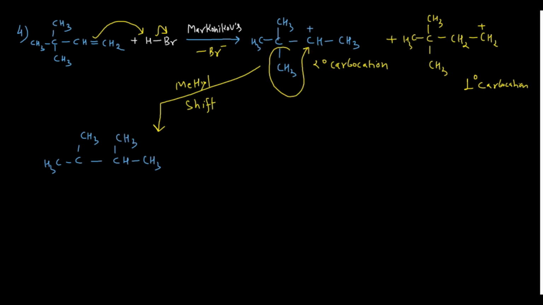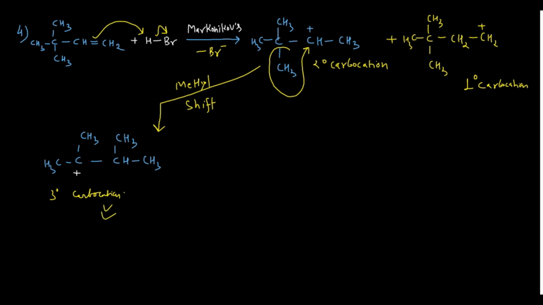That's why I write like that. Now this is electron deficient, so this is your positive. Now focus, what is the nature of this carbocation? This carbocation is 3 degree in nature. 1, 2 and 3. This carbocation is tertiary, a 3 degree carbocation.